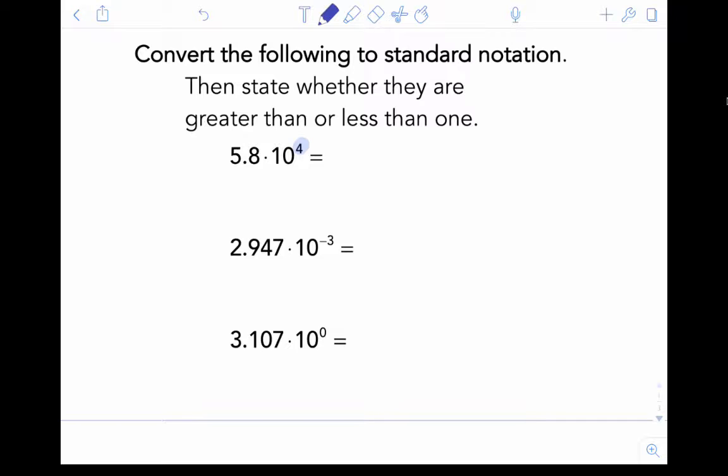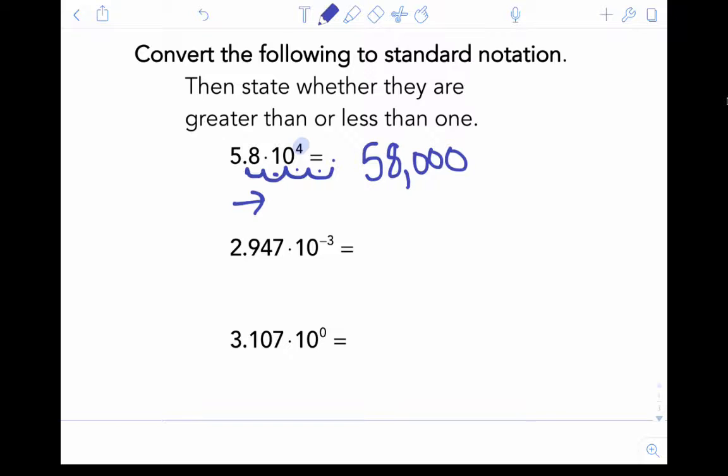Well, it's positive, and if we look back at what we just wrote, we said when we have a positive exponent, our number is going to be bigger. It's going to get greater, which means that the decimal needs to move to the right. So my decimal is going to move over 1, 2, 3, 4 times. I have 3 spots that need to be filled, so I'm going to fill those with zeros, and my new decimal point is right here. So this number ends up being 58,000.